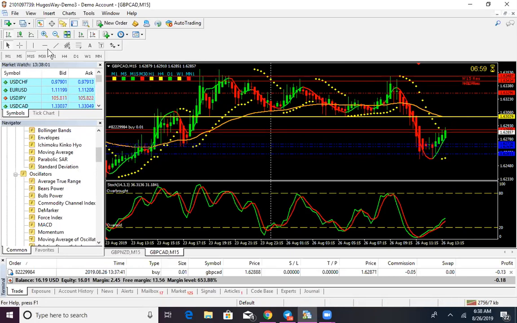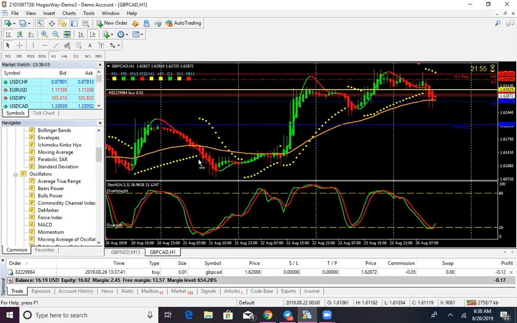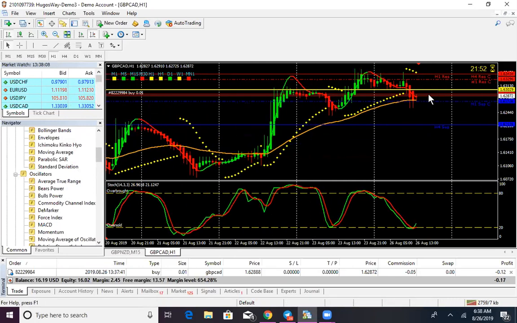Because it is showing on a 1 hour time frame a turnaround. But remember, the harmonic scanner calls for pullbacks and reversal. So what is a pullback? A pullback is it's beginning to make its way down into a sell, right?